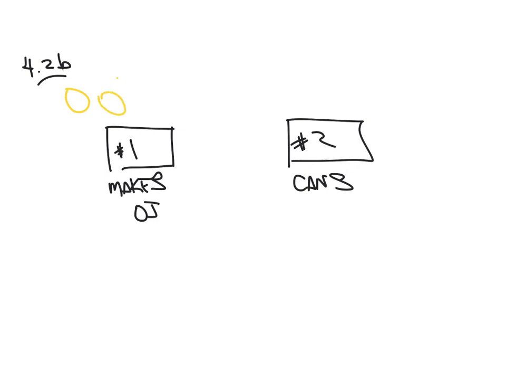So I've got all these oranges that are going in here and being squished into orange juice. Once they come out of here, they're poured in here and they're put in orange juice cans. Okay, so we have two things happening. We have two functions happening.